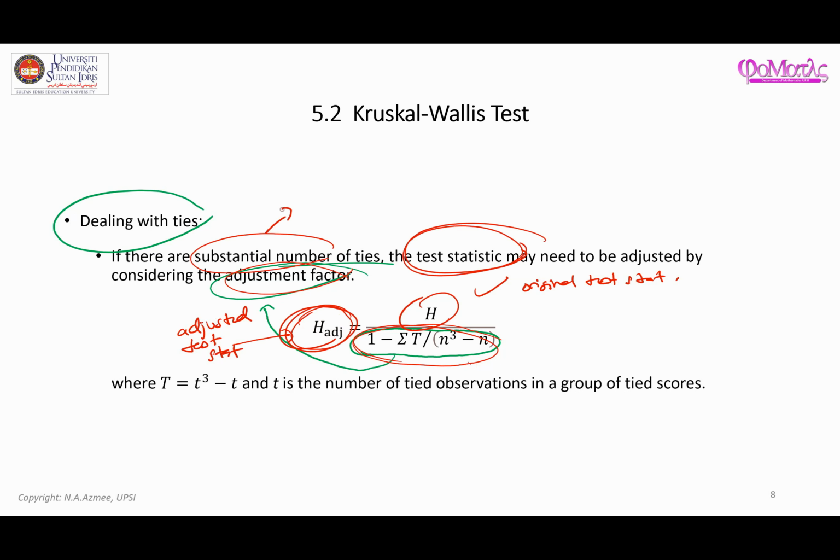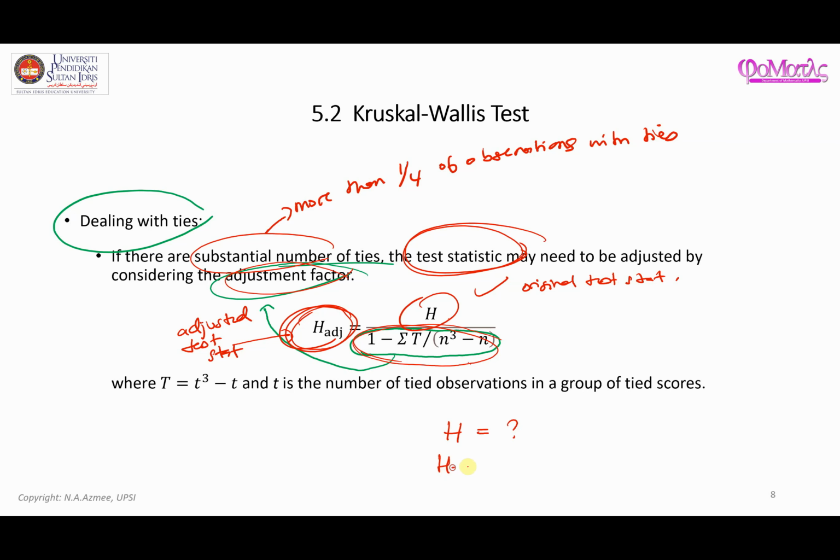Okay, so this is the new test statistic that you can consider when you have a substantial number of ties. Some people say when you have more than 25%, or more than 1/4, of observations with ties, then you can apply this new test statistic here. You need to do a bit of adjustment. Let's say you get the value of H as some value.